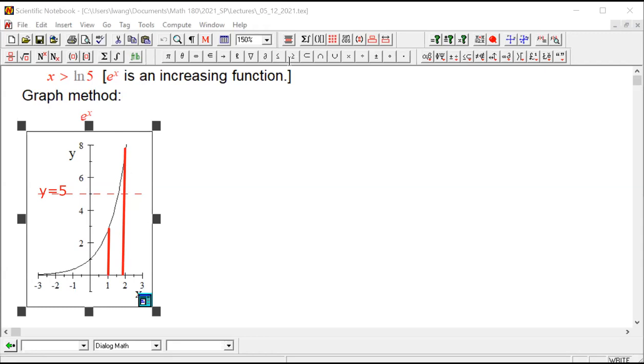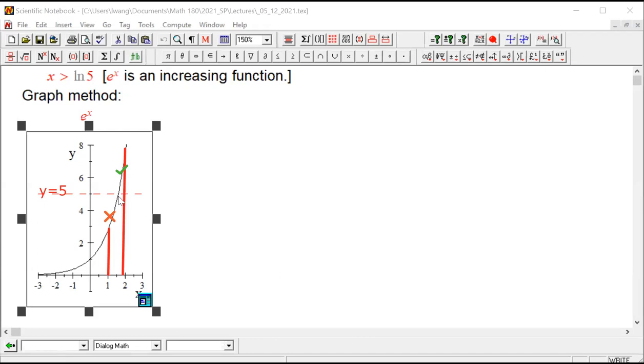So where do you find the solution? This piece makes it, and this other piece doesn't. Do you see the same idea as we did with sine? You just have to find the point that separates them.